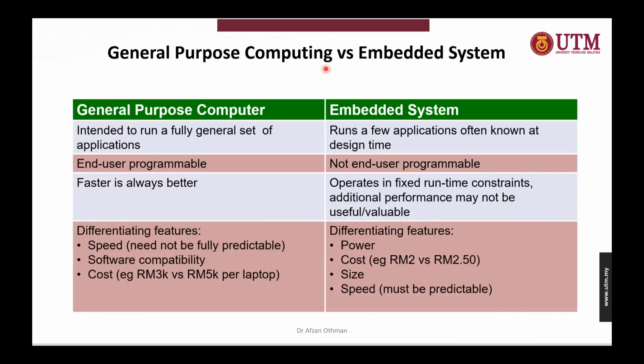And here is the difference between the general purpose computer, such as PCs and laptops, and the embedded system. First, general purpose computers are intended to run a fully general set of applications. But embedded systems run a few applications, often known as a design type.